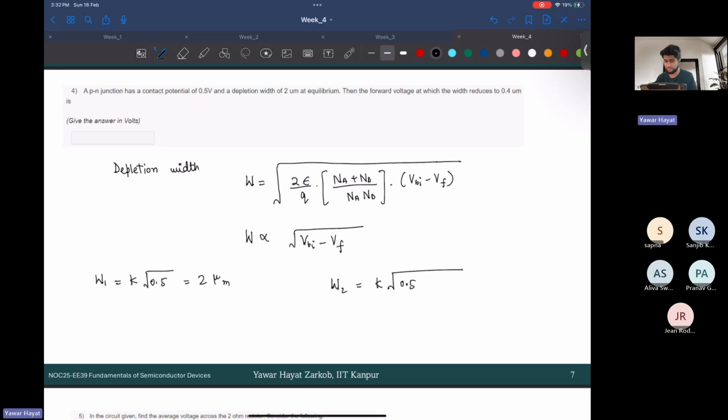So this is 0.5 minus, let's keep this VF. How much is this equal to from the question? It's mentioned in the question. I'm expecting answers from others as well. 0.4 micrometer, correct.